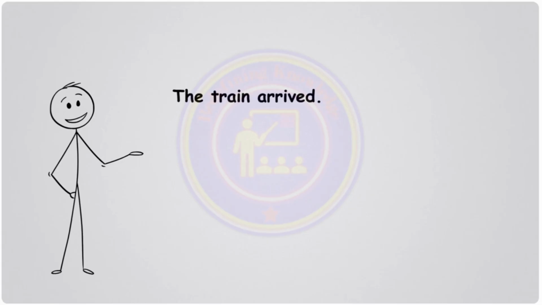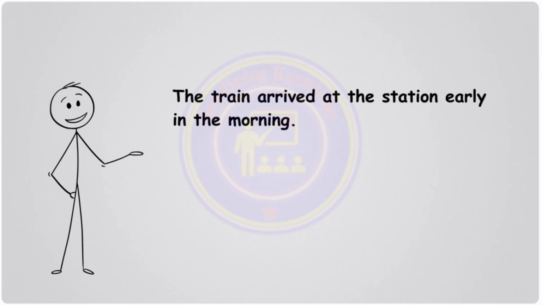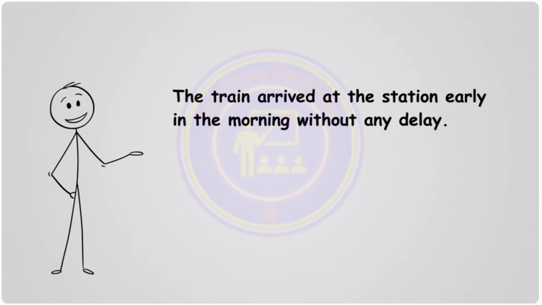Let's look at another example. The train arrived. Now we add a phrase to tell the place. The train arrived at the station. Next, we add a phrase that tells time. The train arrived at the station early in the morning. Now we add a phrase that tells manner. The train arrived at the station early in the morning without any delay.